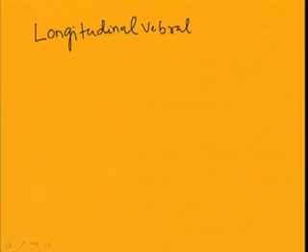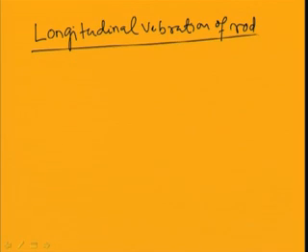Now, let us find the mode shapes for the case of the longitudinal vibration of a rod. In this case we will take different boundary conditions and we will find the frequency equation and the mode shapes of the system.